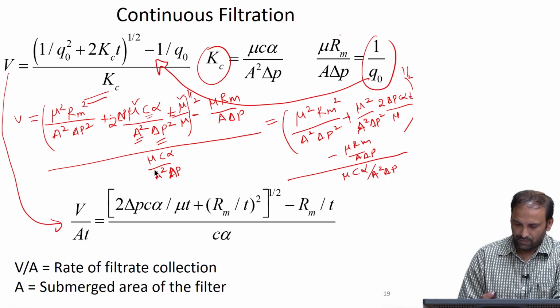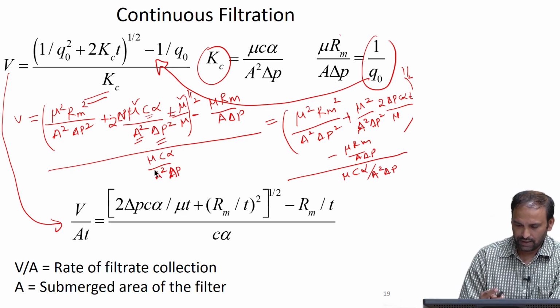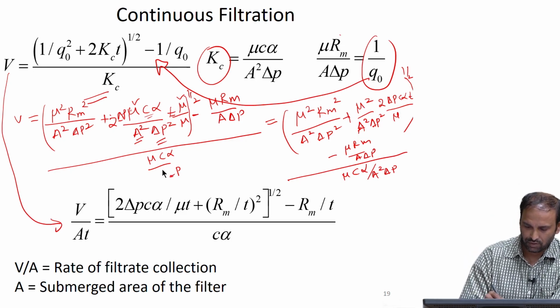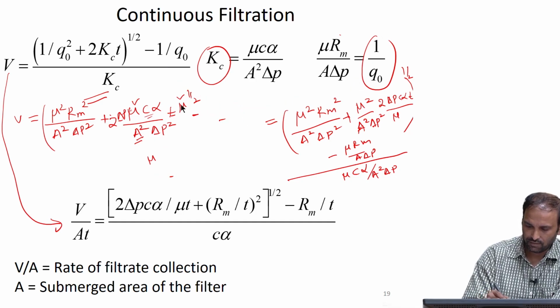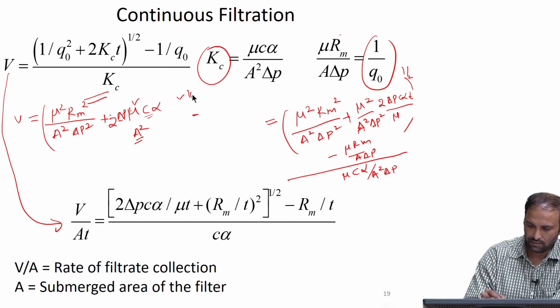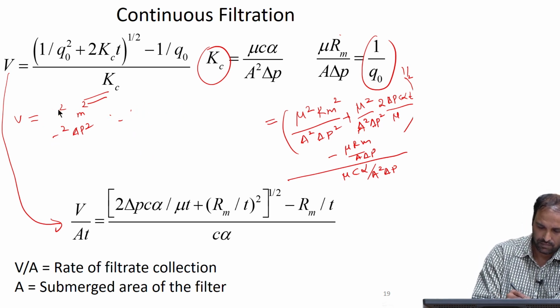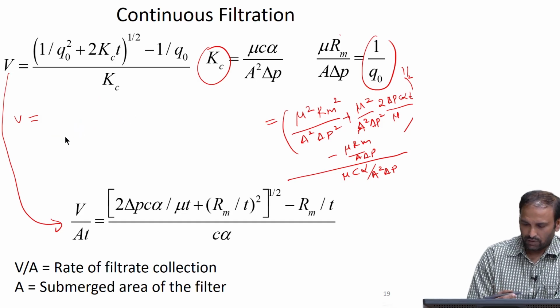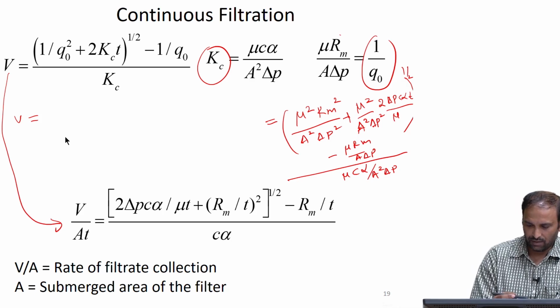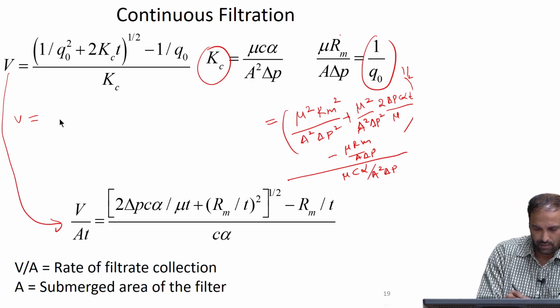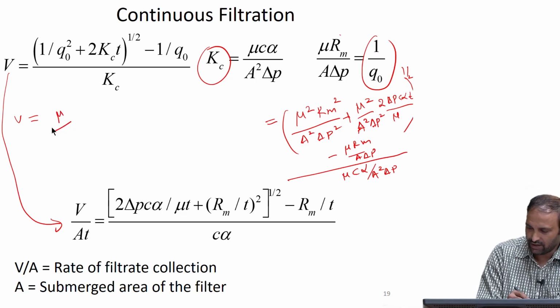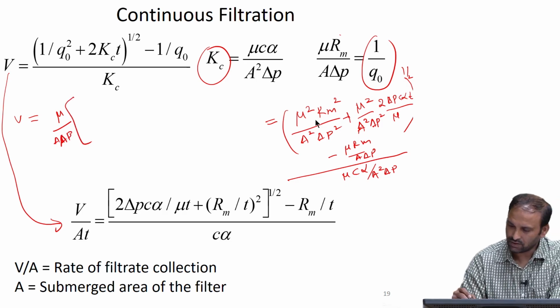Now, what I am going to do is rub this all off. I am going to take mu divided by A delta p as constant and take it out.